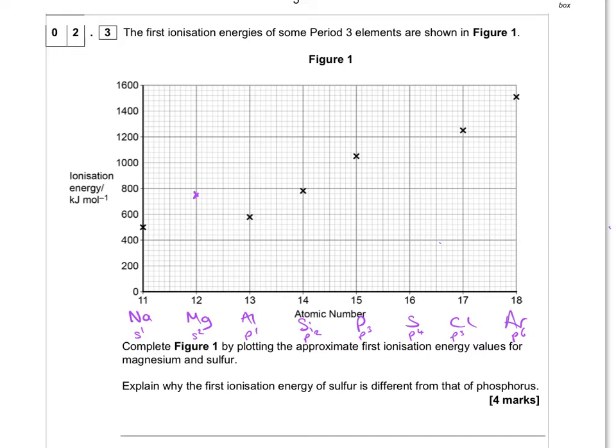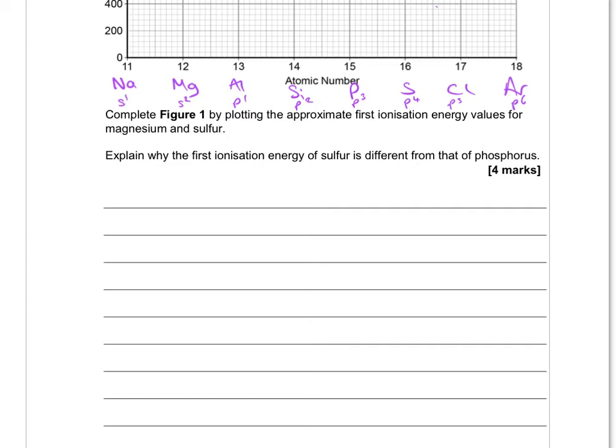So we're going to expect it to be slightly lower than for phosphorus. So between about 800 and 1040. So I'm going to put mine about there. So you can see there's definitely then a drop between those two, and then we've got the continued increase. It's not a huge drop though. So we've completed figure 1.